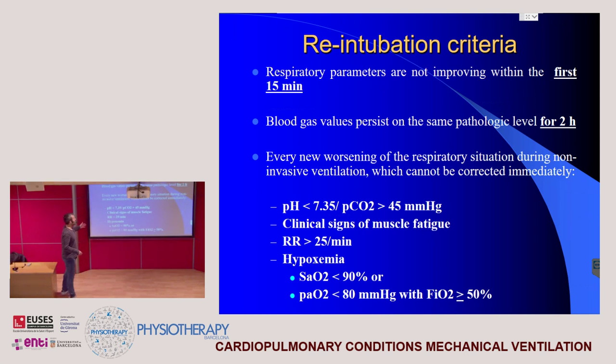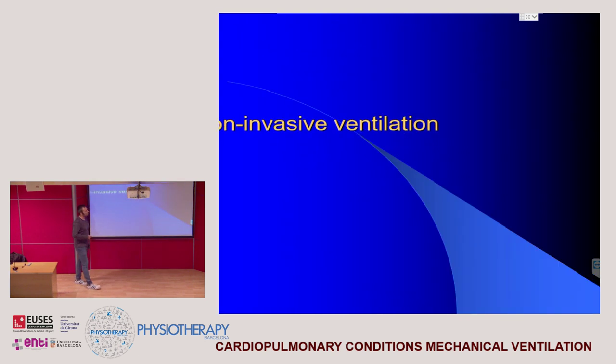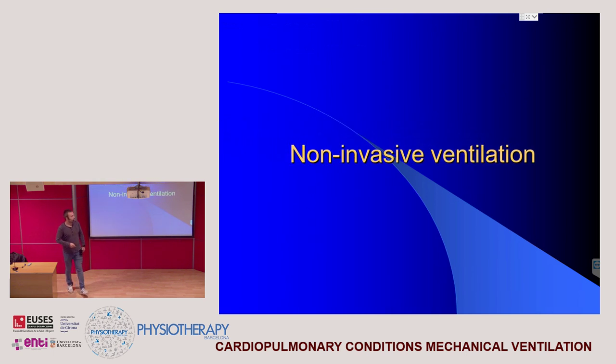So if the patient is not able to maintain those parameters, we have two options: a re-intubation, with all the complications of the intubation process, or trying to ventilate again with another mode of ventilation, which is called non-invasive ventilation.